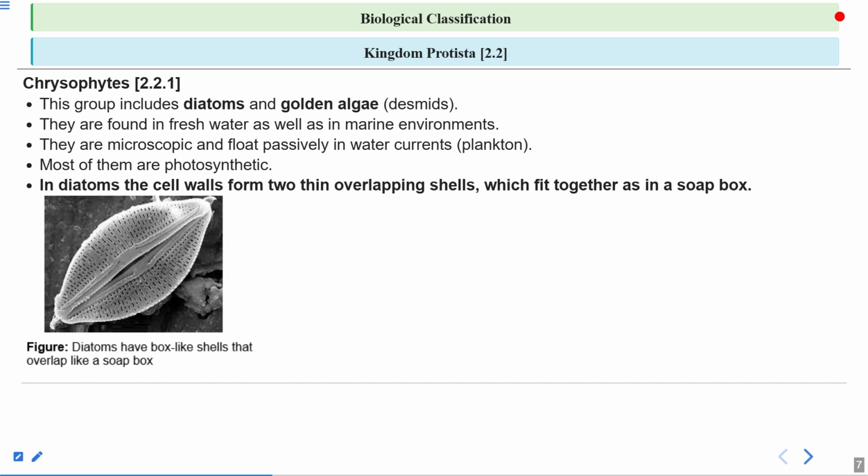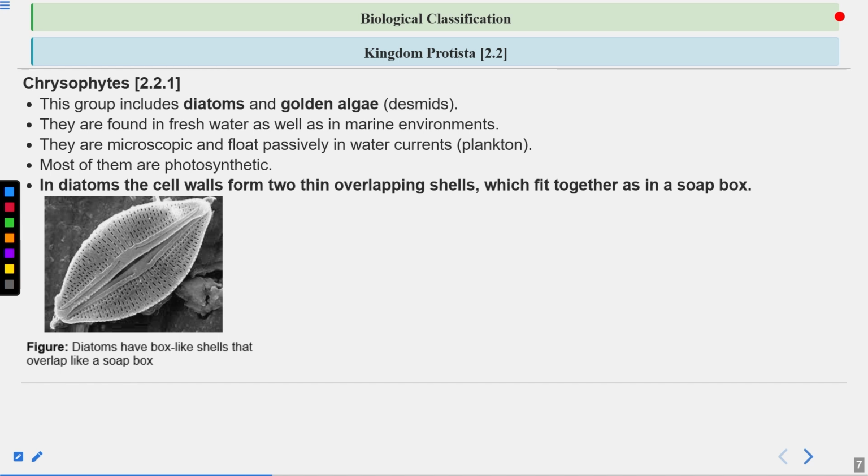So we're talking about the diatoms. Diatoms are included under the chrysophytes. We were talking about the soap box. You can see the image of the diatom. Diatoms have box-like shells that overlap like a soap box.